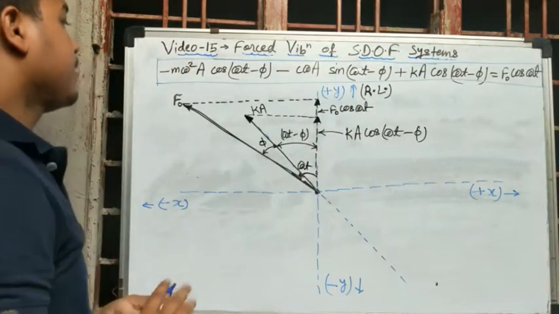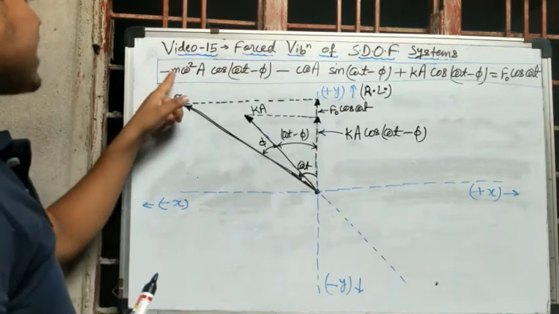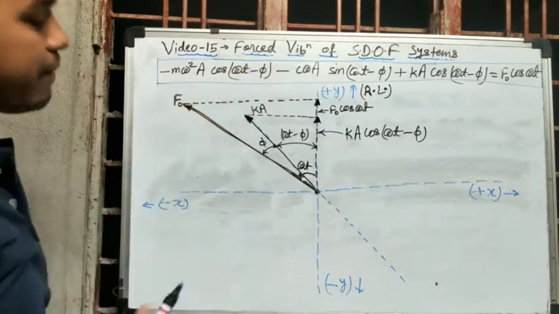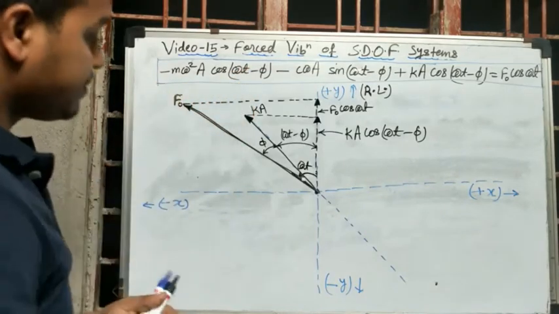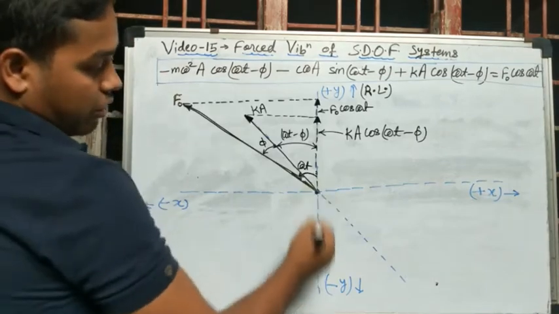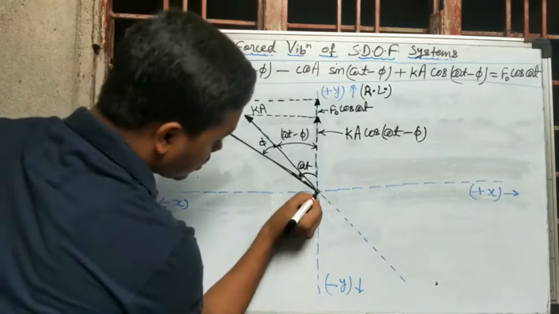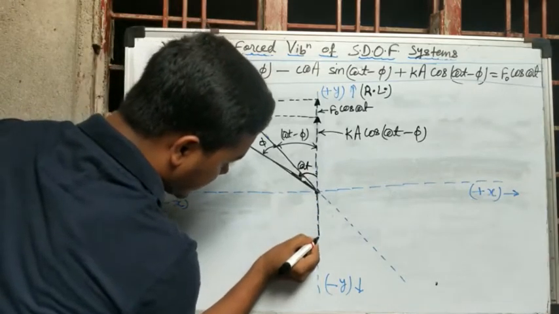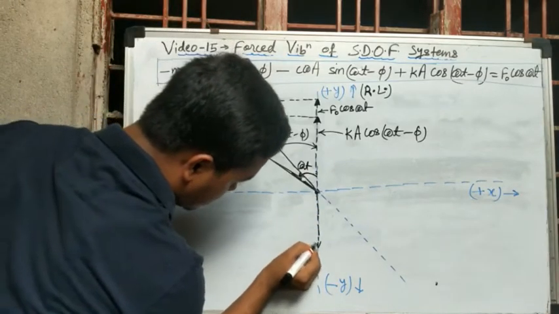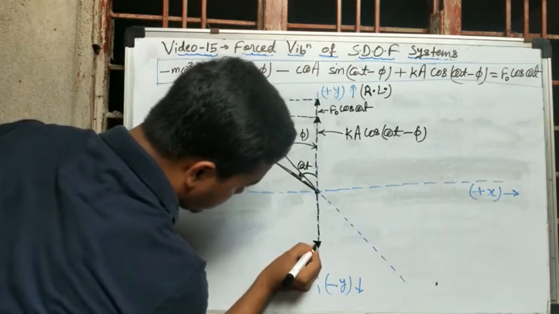Now I should draw a force minus m omega square a cos omega t minus phi. It is a negative force. That means this force must be on the downward direction, negative y direction. So I'll take the component of the force. Suppose till here I am taking the component.